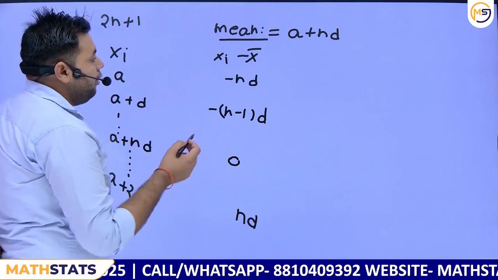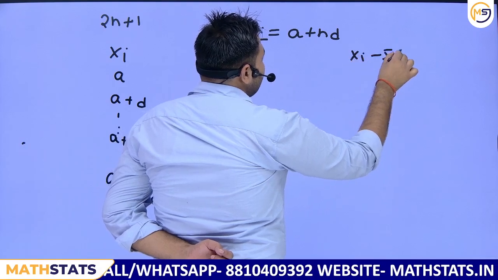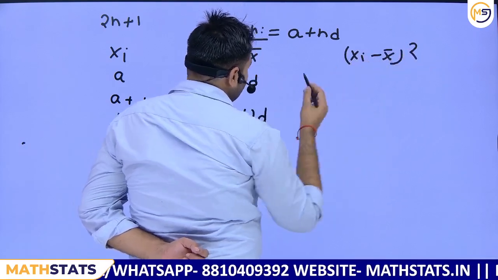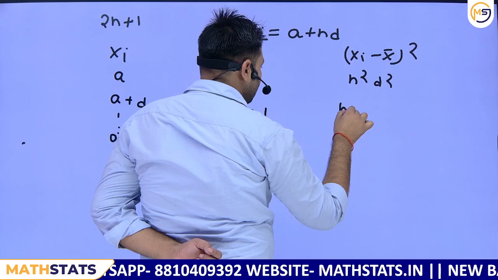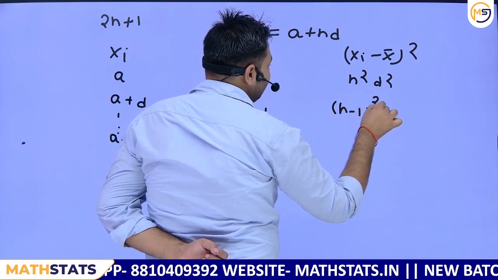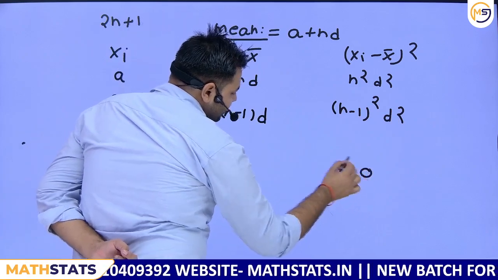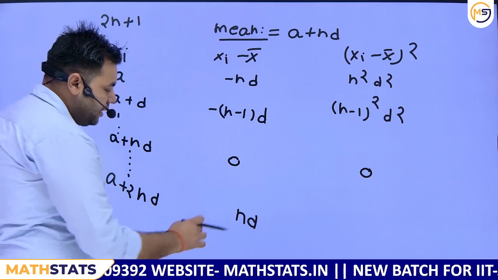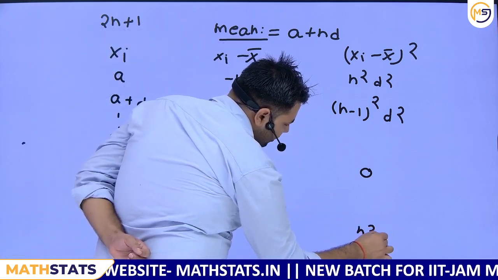Okay, now what is the value of xi minus x bar square? First value is n square d square, second value is n minus 1 square d square, right? The value corresponding to 0 is 0, and the value corresponding to nd is equal to n square d square.